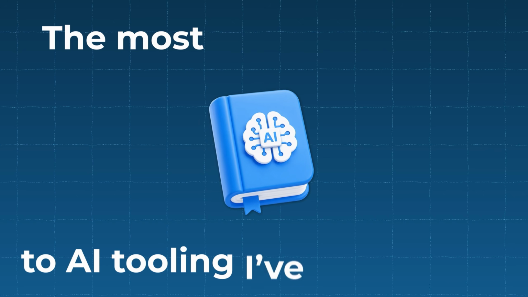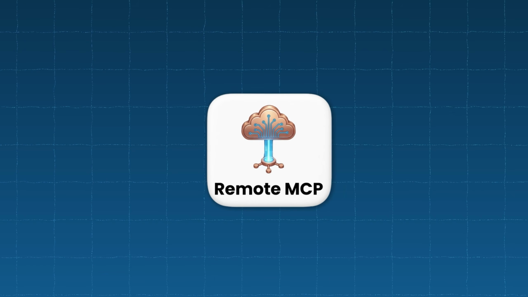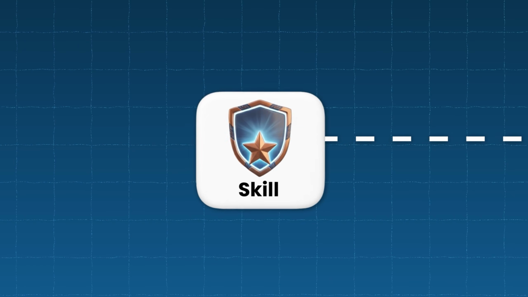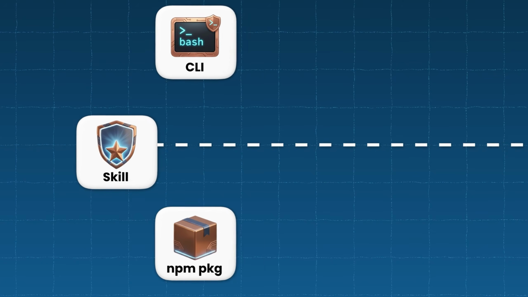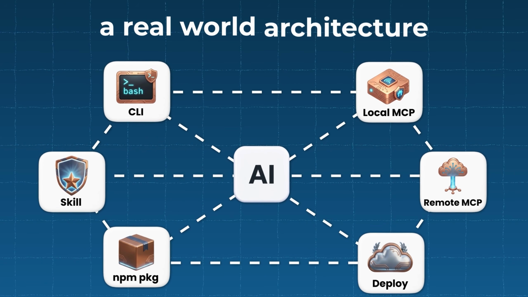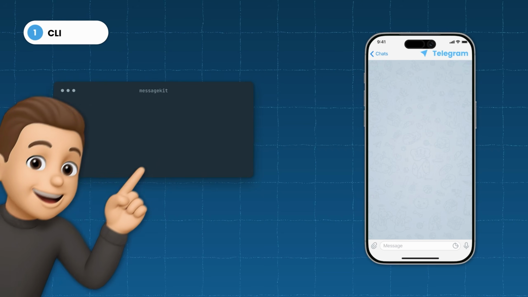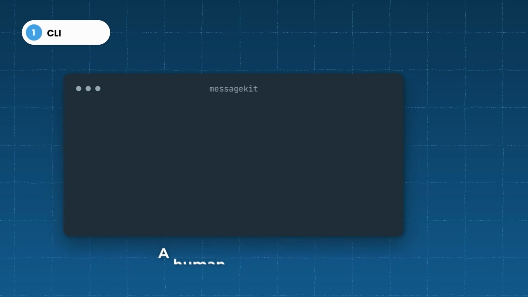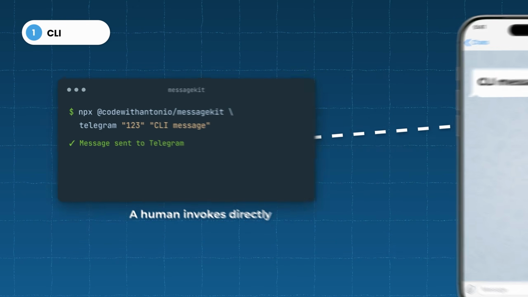Not just how to build an MCP server, not just how to create a skill, but how all of these technologies fit together inside a real-world architecture. We'll start by building a traditional CLI tool that a human can invoke directly from the terminal.